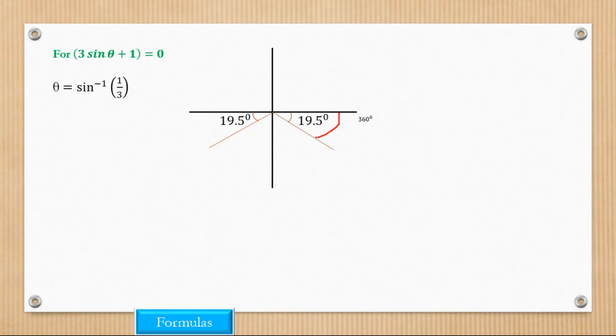The first value is negative 19.5, and the second value is 180 minus 19.5, which gives 160.5, and then the negative, so we have negative 160.5 in the negative direction. So the answers are negative 19.5 degrees and negative 160.5 degrees. Remember that the reason the values are negative is because this is clockwise rotation. So the values you get from clockwise rotations are negative.